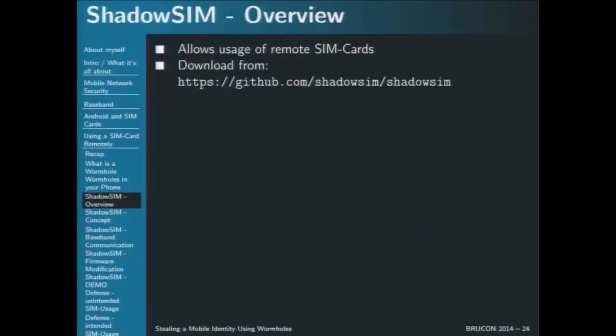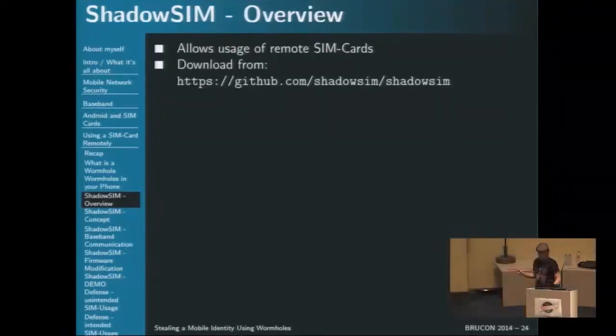So what I did is I developed a little patch application for the baseband and also for Android. It's called Shadow SIM. Today I released it on GitHub, and you can download it now for the Alcatel 918D.